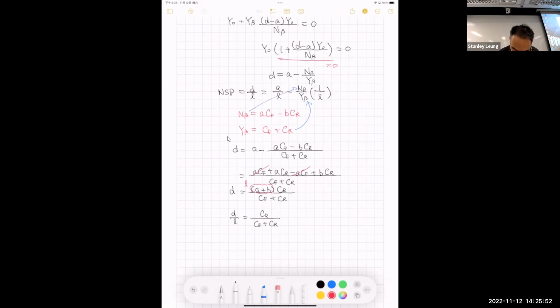Okay, so now we have another view of using the neutral steering point. So you want to find the neutral steering point, you may adjust your wheelbase and where the CG is.